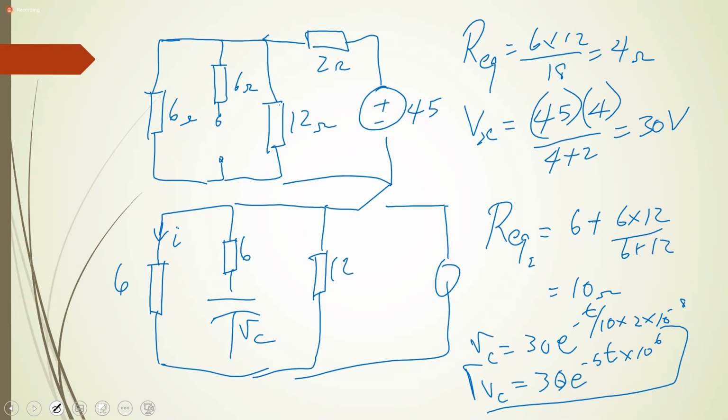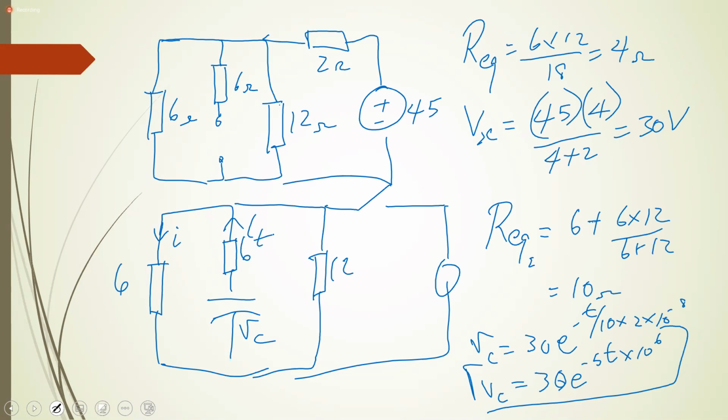We can find the current. We just found the total current, which was 3 e to the minus t over 0.2 times 10 to the minus 6.